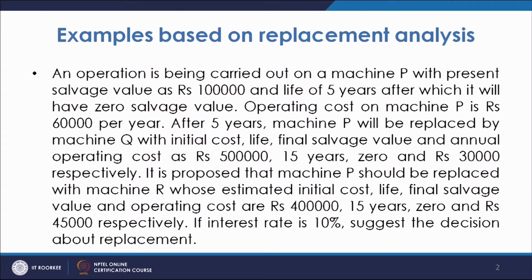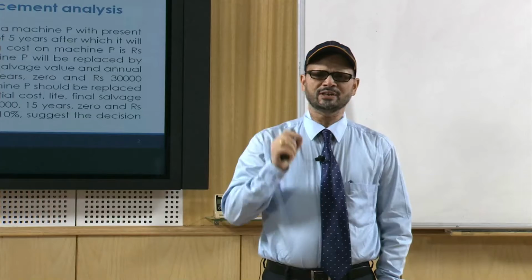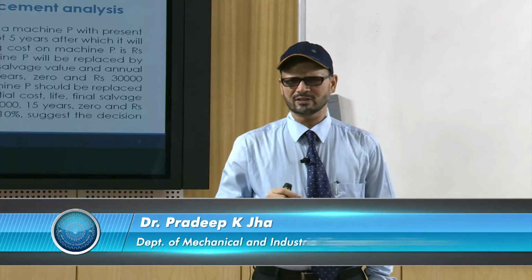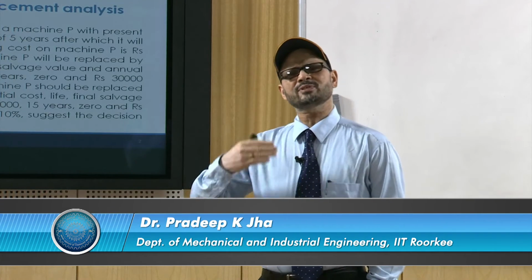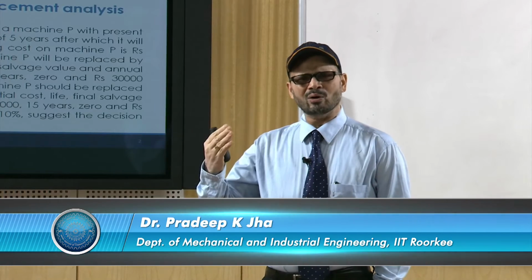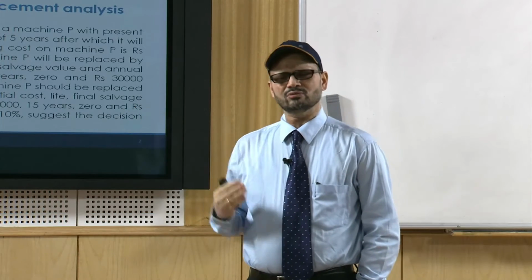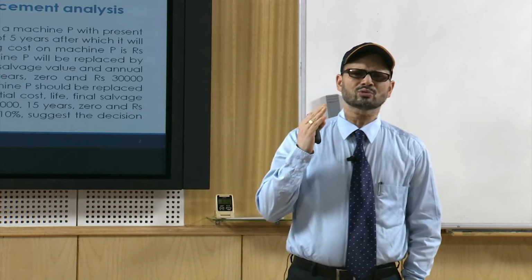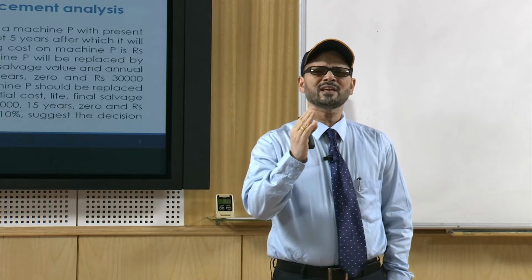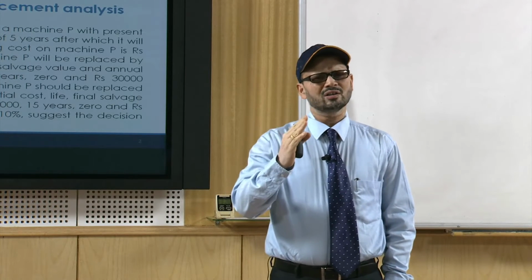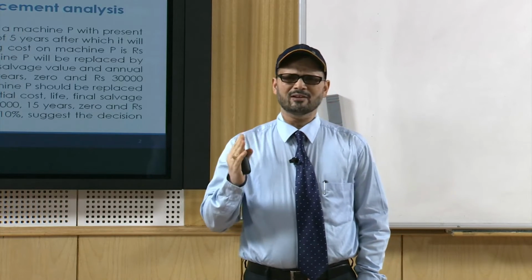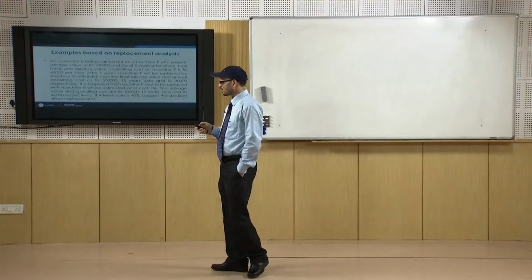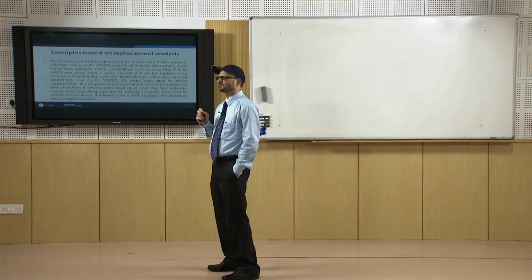So, basically you have a machine P which will work for 5 years and after 5 years it will be replaced with machine Q. Then another option is machine R. So, whether you should go for machine P plus Q or only for machine R at present, there are two considerations.